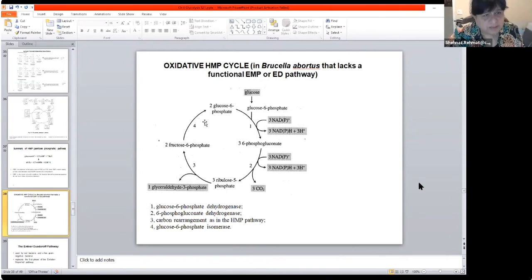Because it does not have a functional EMP, some of the intermediates that we needed that were coming from the EMP are now being generated by the oxidative cycle of this HMP, which will give you this very important intermediate, fructose 6-phosphate. So this definitely is an important part of this oxidative HMP cycle that has to operate if there is a non-functional EMP and the cell does not have an ED pathway.